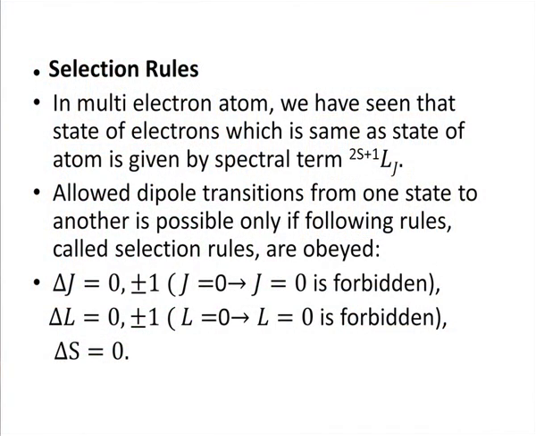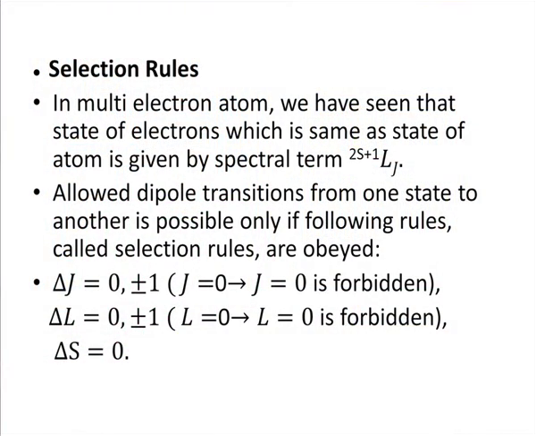Secondly, delta L is 0 or plus minus 1. That means, the difference of L values from one state to another is either 0 or plus minus 1, but with the provision that L is equal to 0 to L is equal to 0 is forbidden, because from 0 to 0 is also delta L is equal to 0, but this case is forbidden.